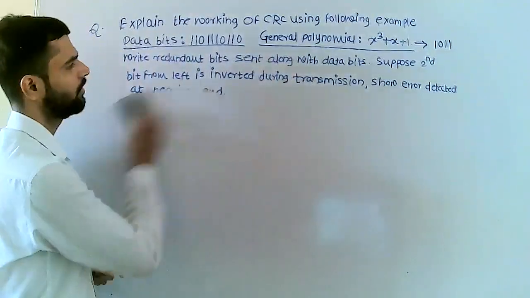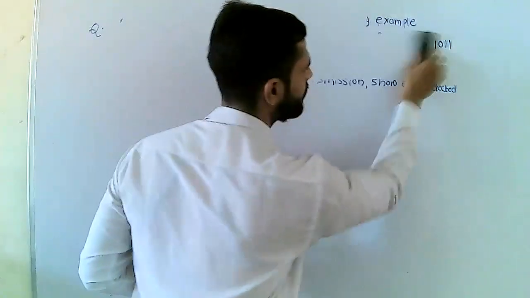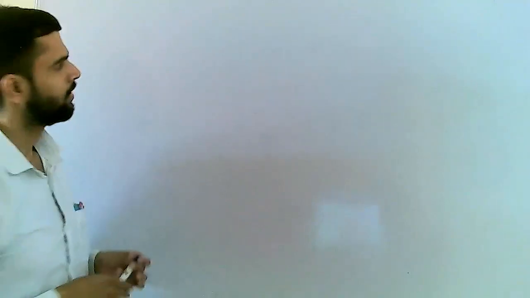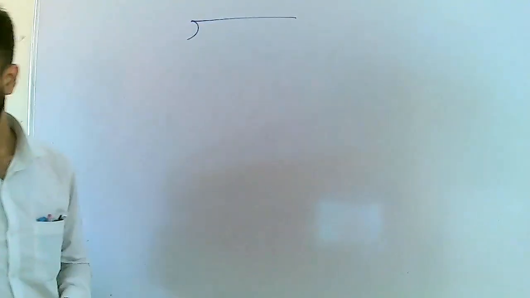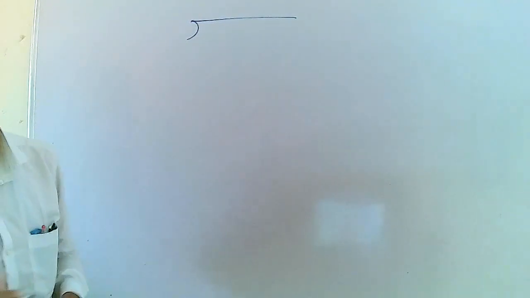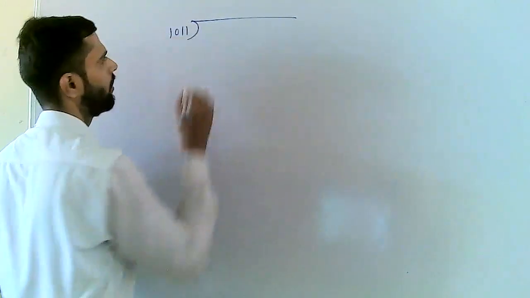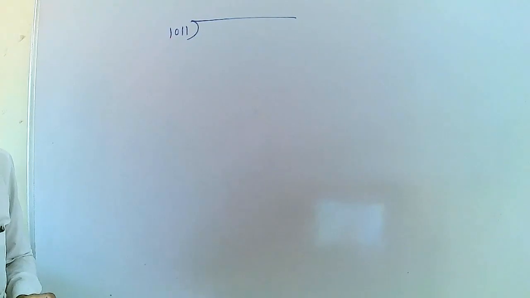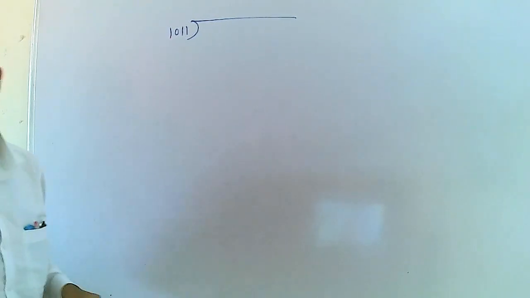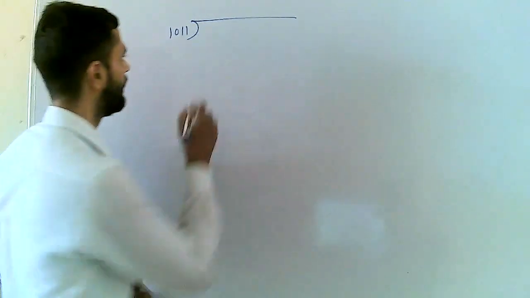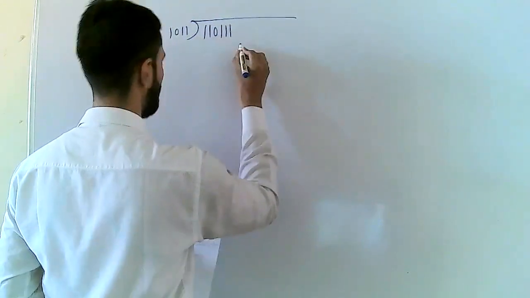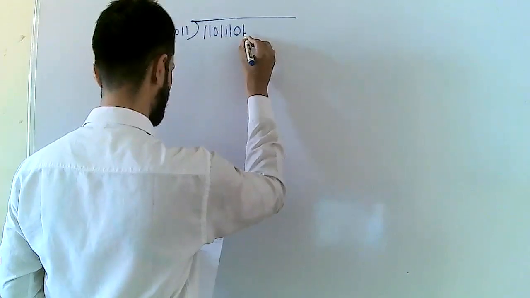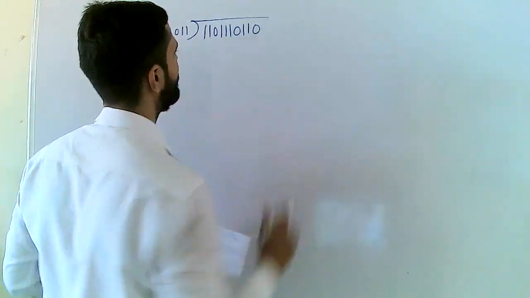The divisor is 1011 and the data bits given are 1 1 0 1 1 1 0 1 1 0.